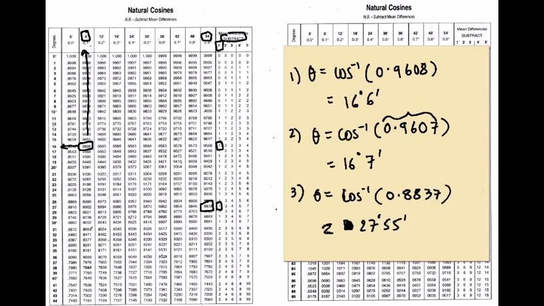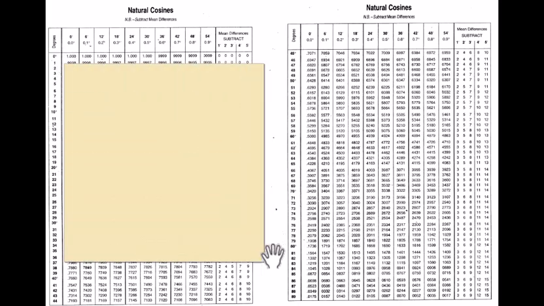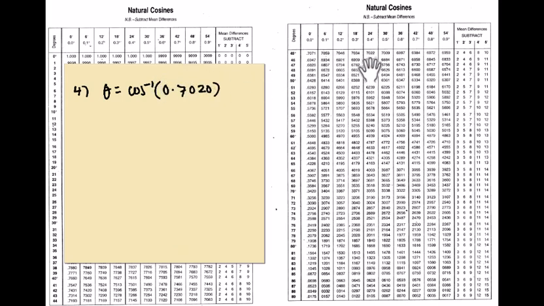Let's take a couple more examples so that we are very clear about the process of finding the inverse. The fourth example: theta is equal to cos inverse of 0.7020. I'll try to find a close number. If I get this exact number, good for me. If I don't, I'll find a number as close to it as possible, or slightly greater than this number.